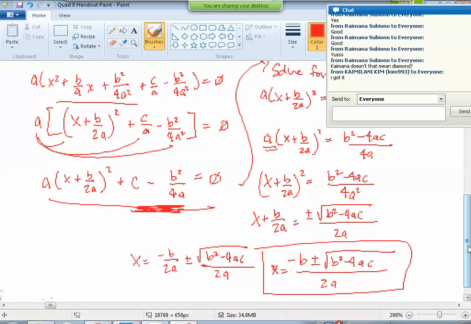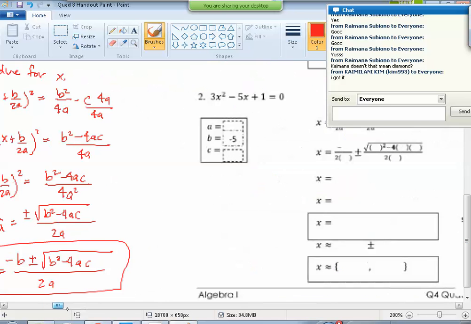All right, take it out. Ready? Negative boy. Unsure. Negative b, unsure, plus or minus of going to this radical party. By the way, the square root is known as a radical in math.